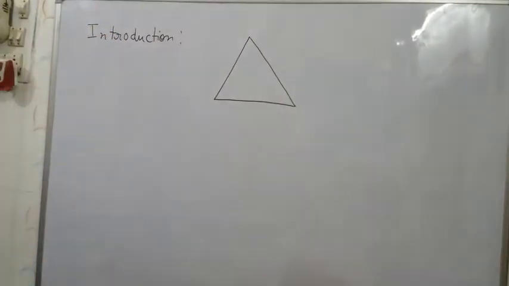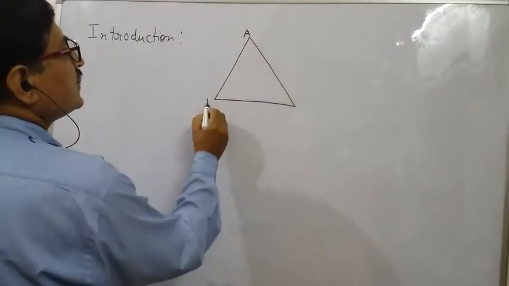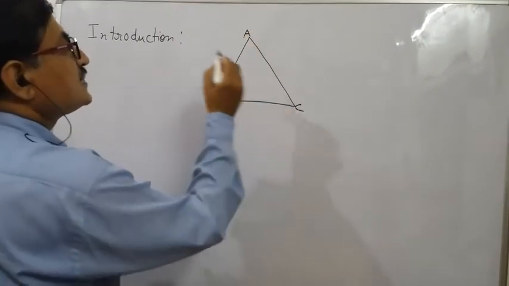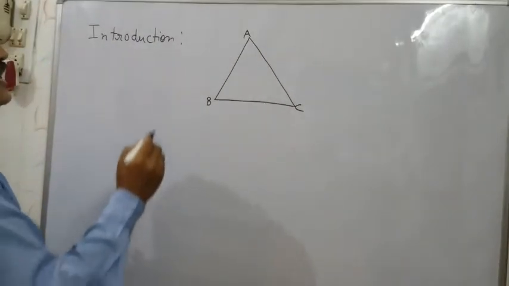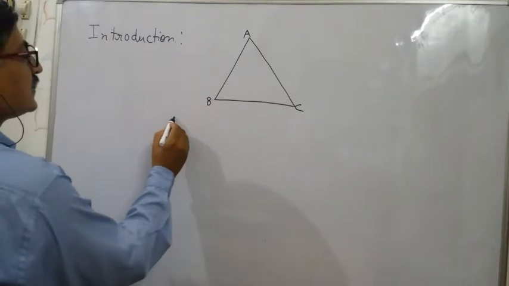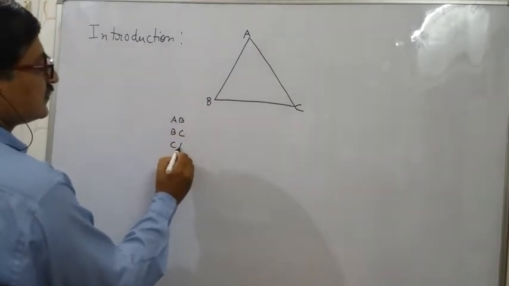Okay, so name that triangle. Triangle ABC. The name of this triangle is ABC. And in that the three sides are there: AB, BC and CA.